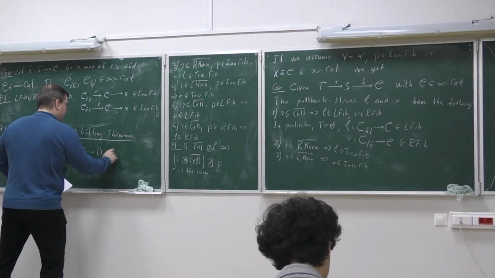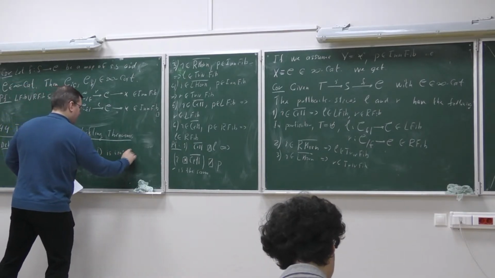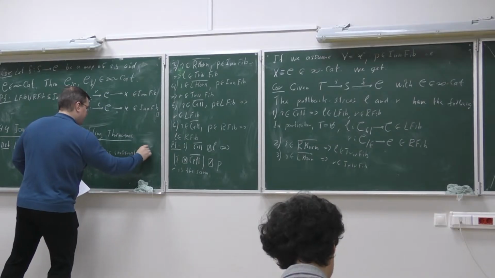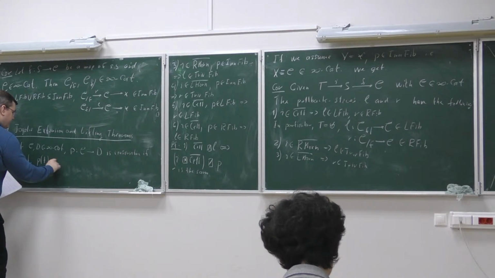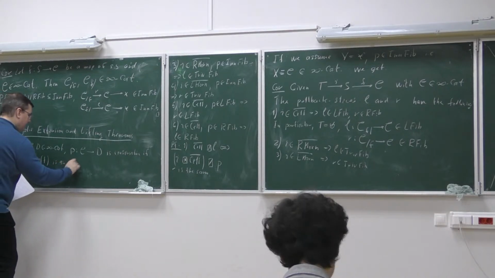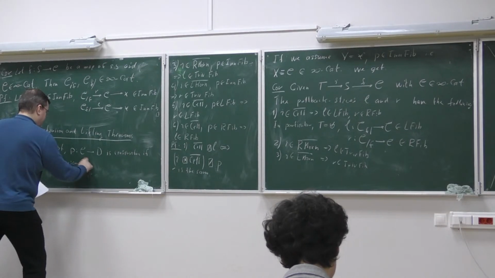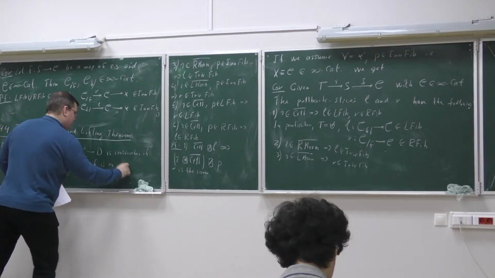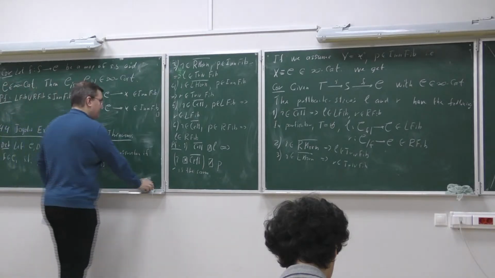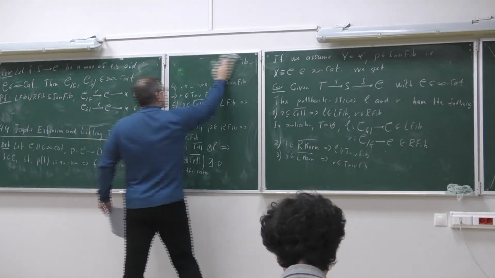P is conservative if we have the standard property: f in C1 such that P of f is an isomorphism implies that f itself is an isomorphism. So as usual, conservative functors just reflect isomorphisms.